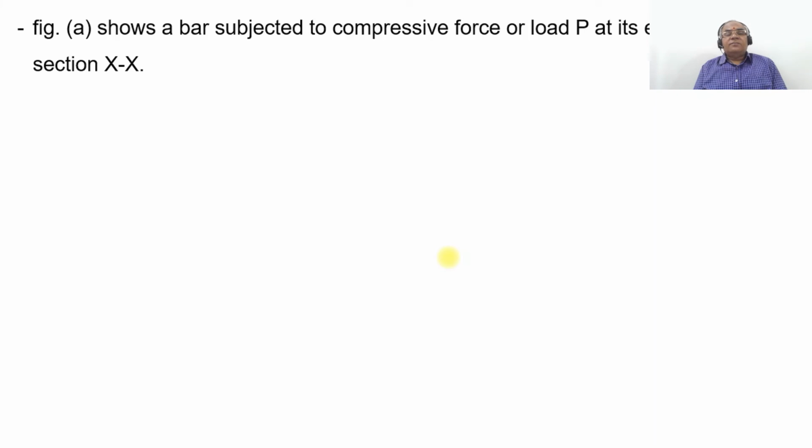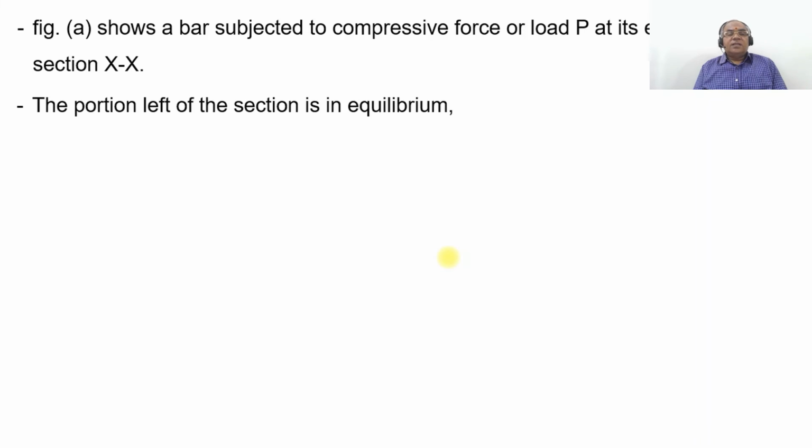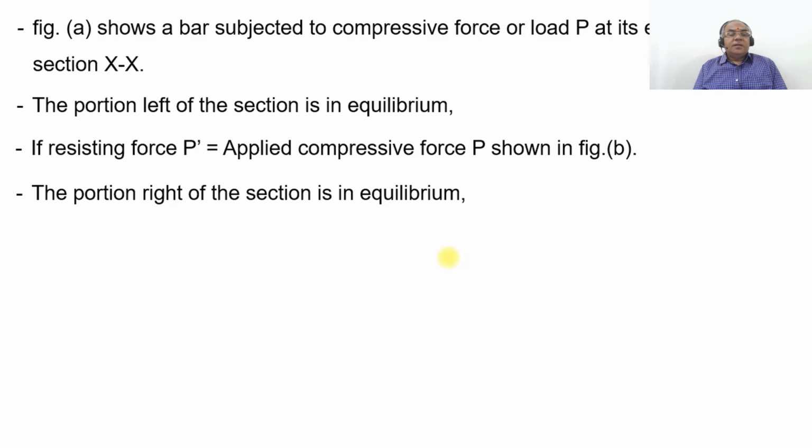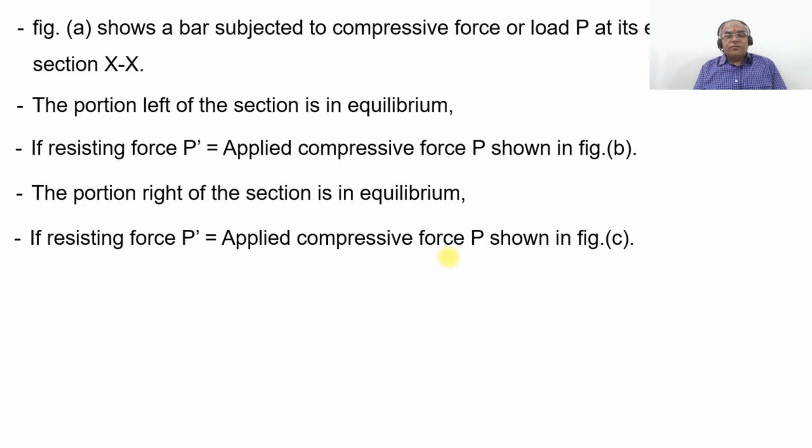Figure A shows a bar subjected to compressive force or load P. Consider the section. The portion left of the section is in equilibrium if the resisting force P dash is equal to the applied compressive force P. The portion to the right of the section is also in equilibrium if the resisting force P dash is equal to the applied compressive force.